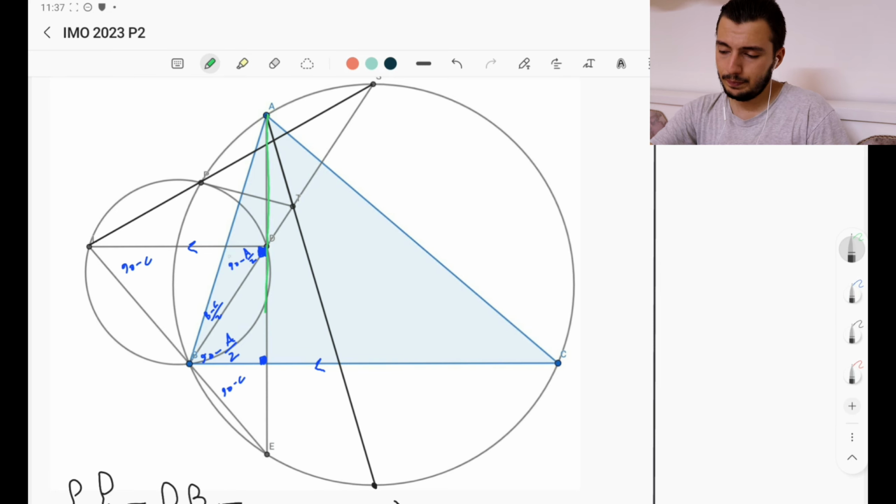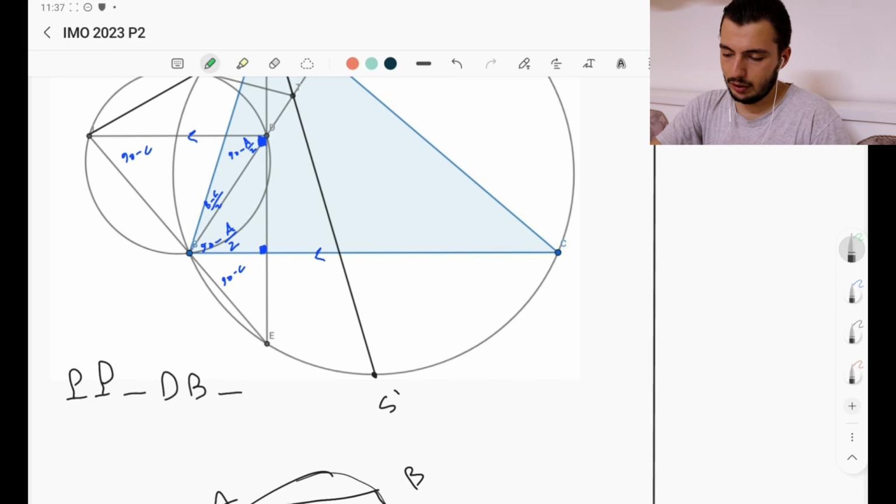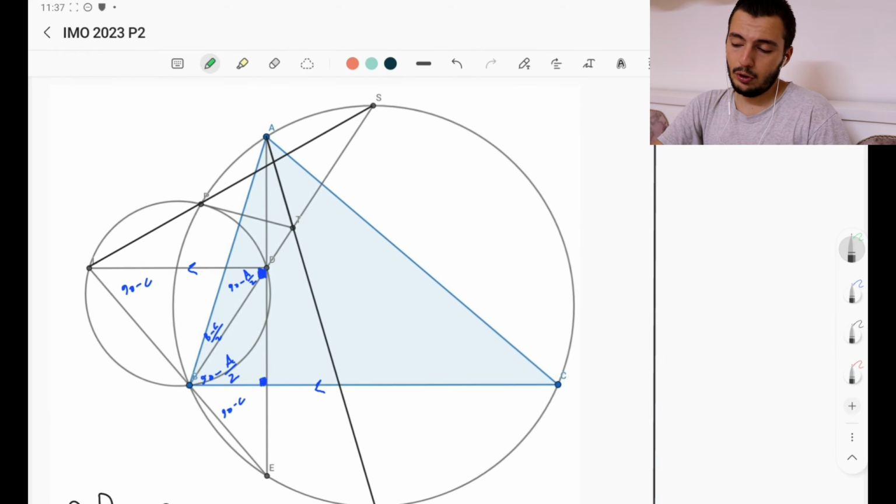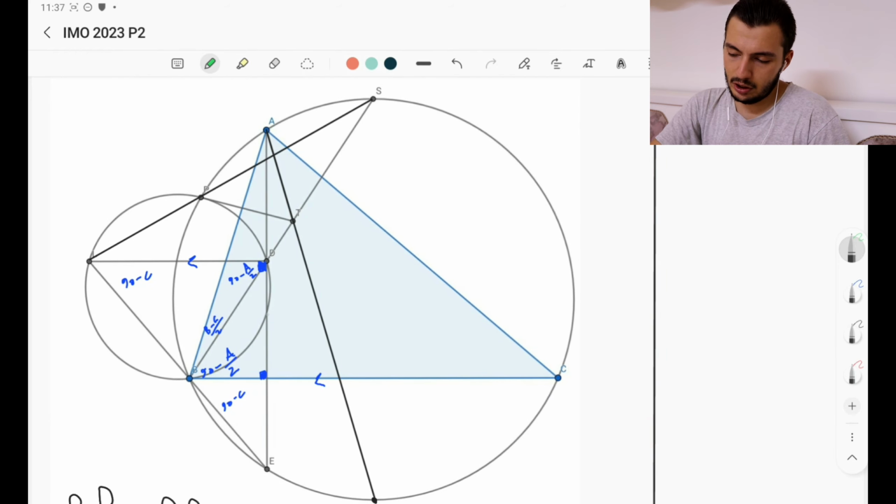This is the altitude, right? So if we use D here and P, maybe this will give us something about point A. However, this point is not defined yet, so we need to define it for sure.